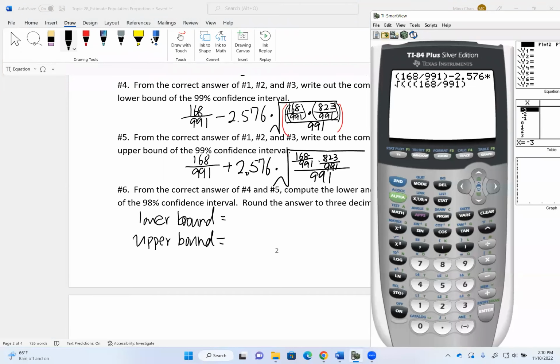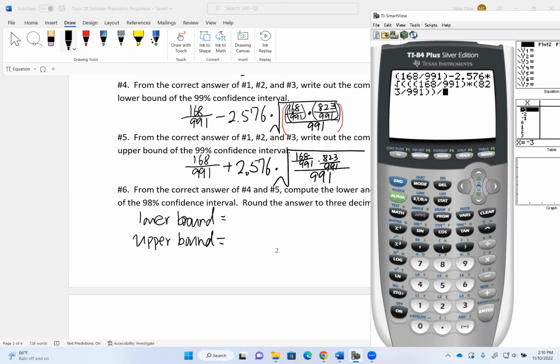The first parenthesis comes with the square root. The next open parenthesis is for the entire numerator. The next one is for the first fraction times an open parenthesis for the second fraction, 823 divided by 991. Close the parenthesis for the second fraction, and close the parenthesis for your entire numerator.